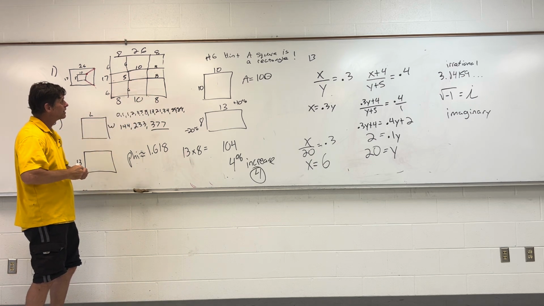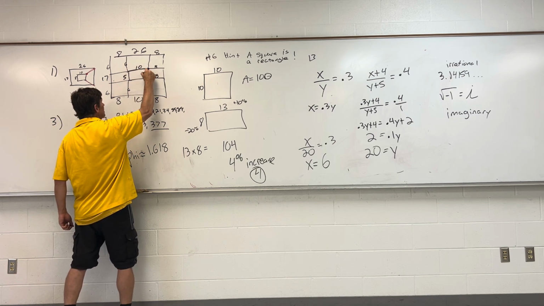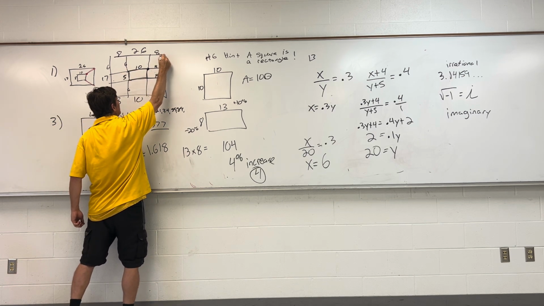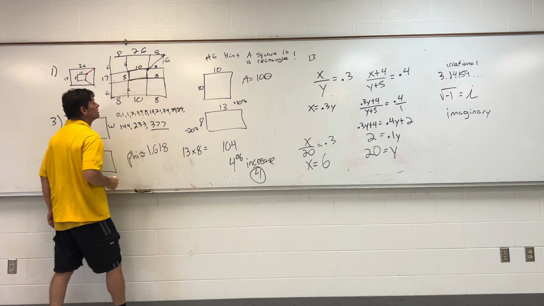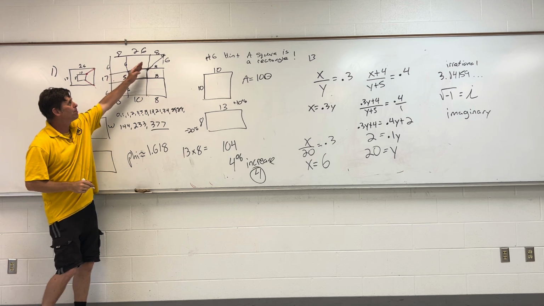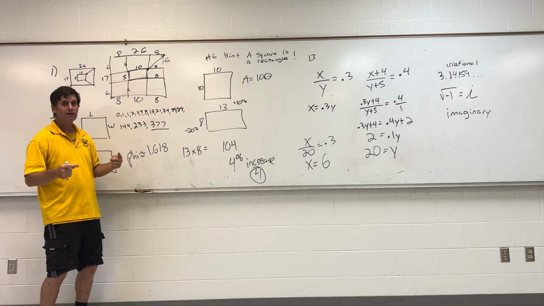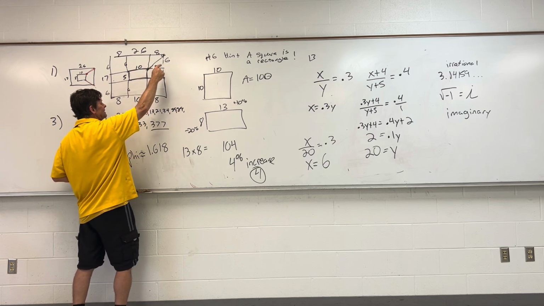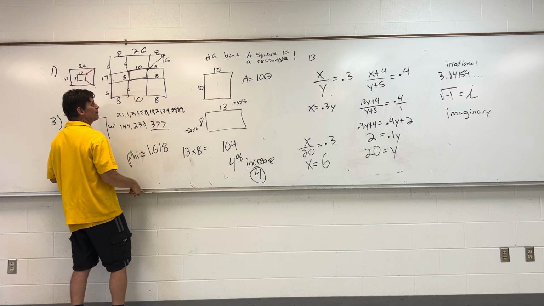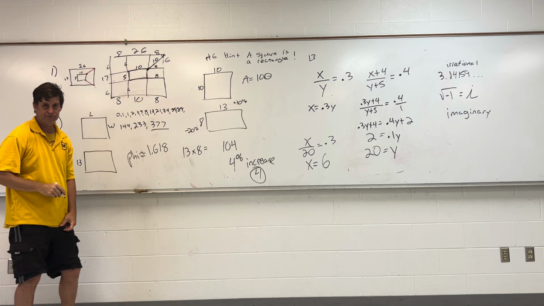And then it's literally asking for the distance from one corner of the picture to one corner of the frame. We know that this is 6, so it's the hypotenuse of that right triangle. Pythagorean theorem, a squared plus b squared equals c squared. That's a 6, 8, 10. It's a 3, 4, 5, but it's double. So the answer to this was 10 inches.